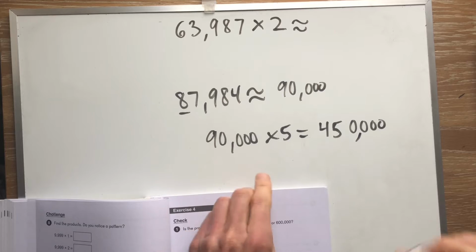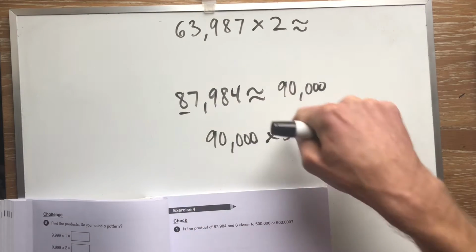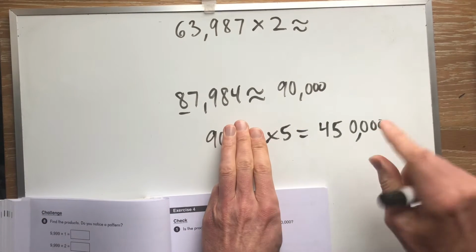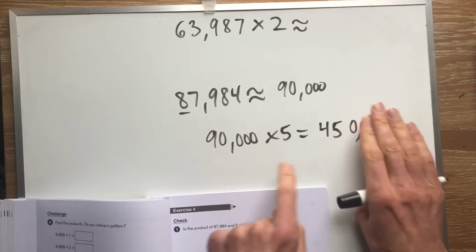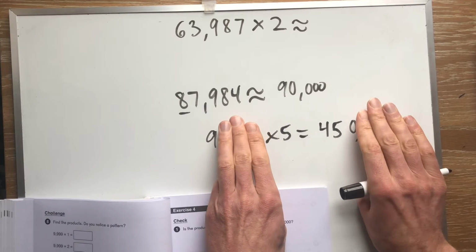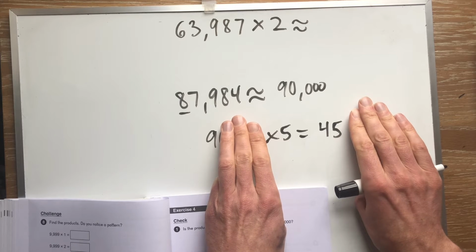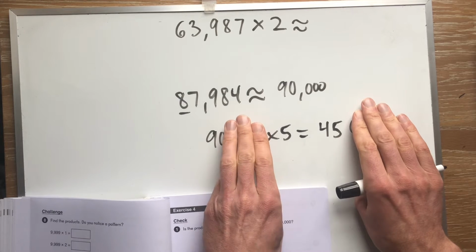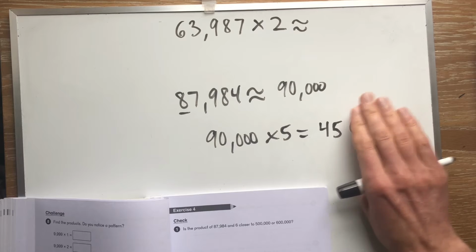Just to review, I noticed the numbers I can multiply easily, which are 9 and 5. 9 times 5 is 45. Then I uncovered how many zeros and wrote them over here. The way to think about what you're really doing is 9 10,000s times 5, which is 45 10,000s.